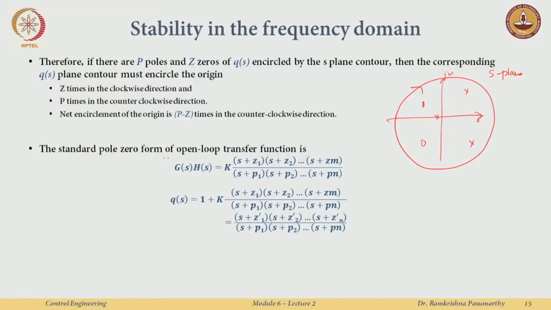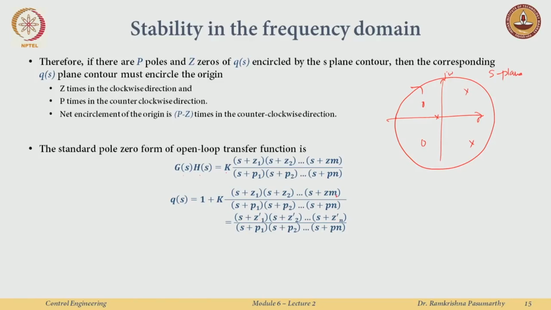In the standard pole-zero form, my open loop transfer function GH has a set of zeros and a set of poles, and my characteristic equation Q(S) is 1 plus K times this set of zeros over the set of poles. I can write this as an equation of the form S plus Z1 prime till S plus Zn prime.